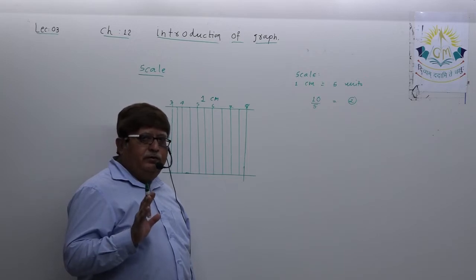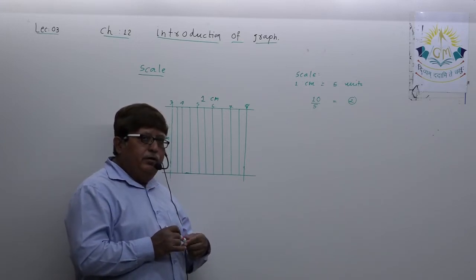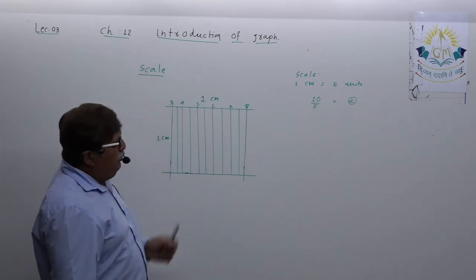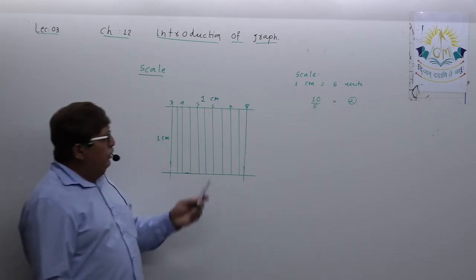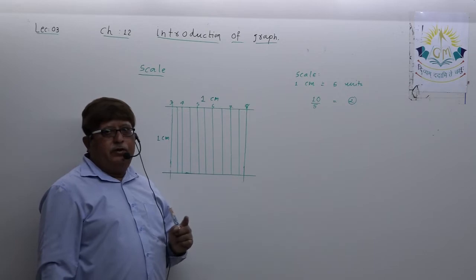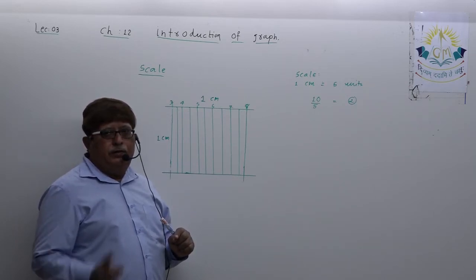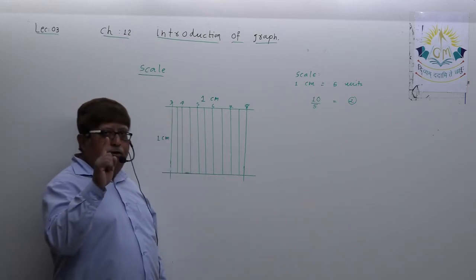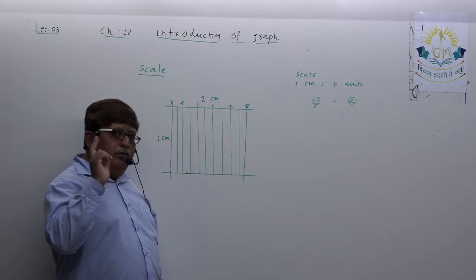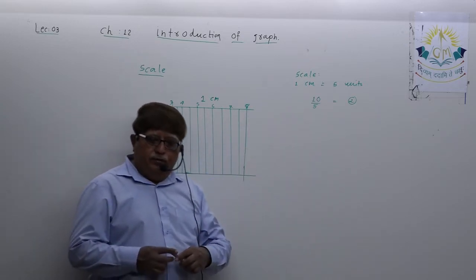Are you catching my points? Scale factor is going to be very, very crucial and important for you. You understood this, right? If I take the scale 1 centimeter equal to 5, how many lines constitute one? Two lines. How did you get it? 10 divided by 5.